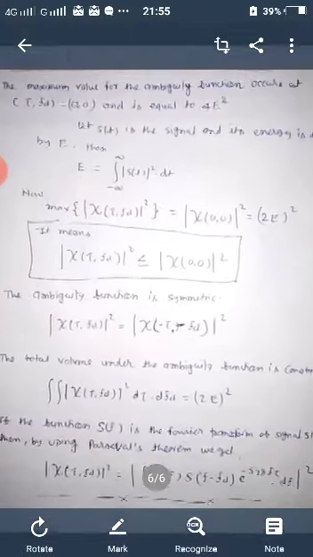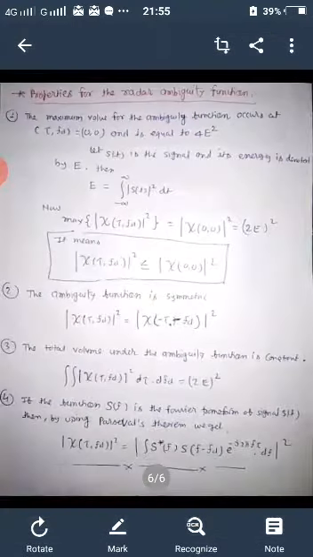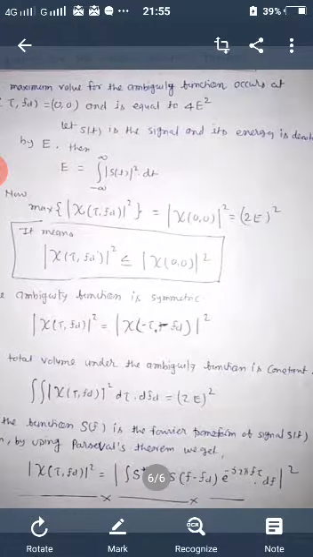Now the maximum ambiguity function is modulus of chi(tau, f_d) whole square equal to modulus of chi(0, 0), because tau and f_d are both 0, whole square.